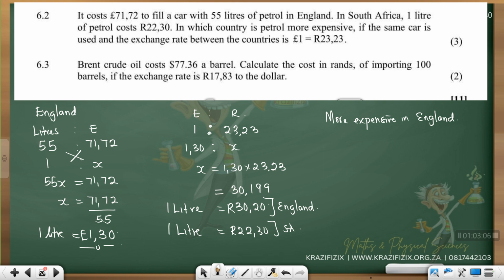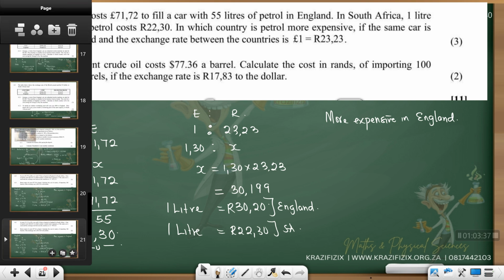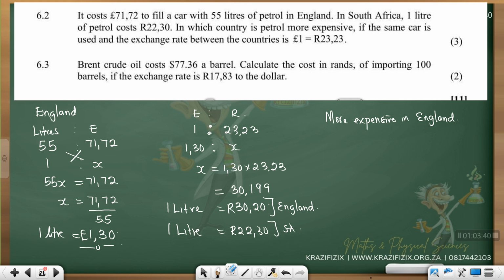So what we did was we found the price of 1 litre in England and converted it to rands, and then we compare it to 1 litre also in rands. Did you guys get this answer? Are you okay with my saying it's more expensive in England? Okay, so rather buy petrol from here when you're traveling to England. How you carry it, you would see.